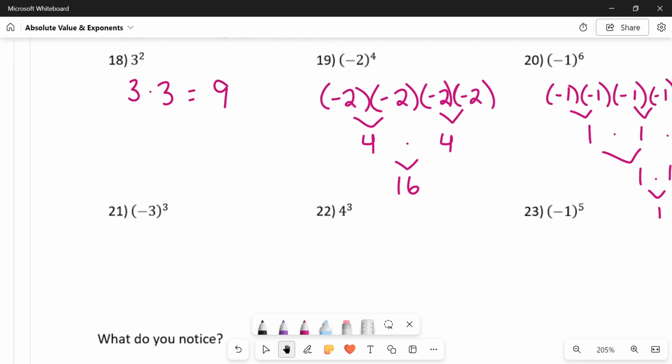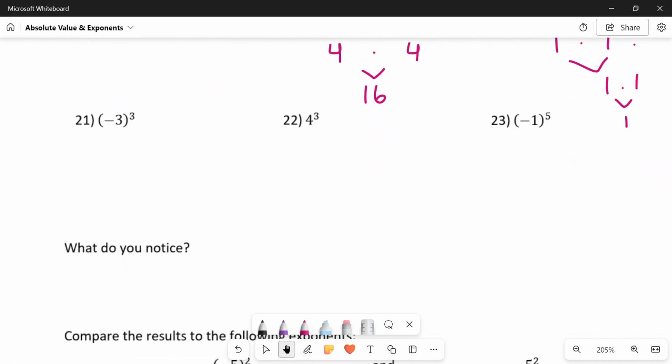With that in mind, we can actually do these in our calculator. Okay? So in our calculator, we've got parenthesis buttons, which are above the 8 and the 9. And then we are going to use a little caret button, which is diagonal from the 7. So the caret button looks like this. So when we type it in our calculator, we hit parenthesis, negative.